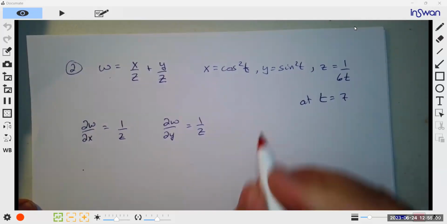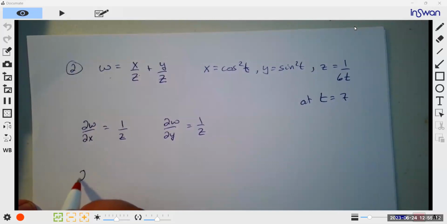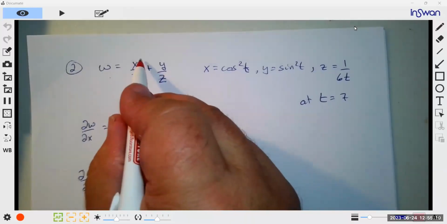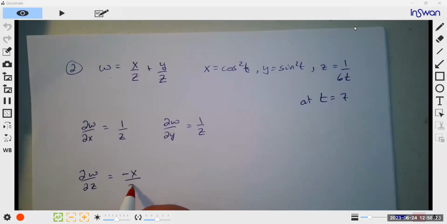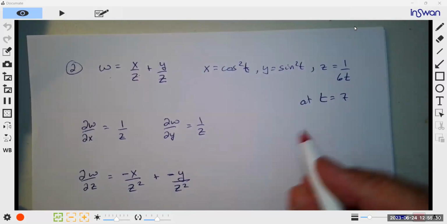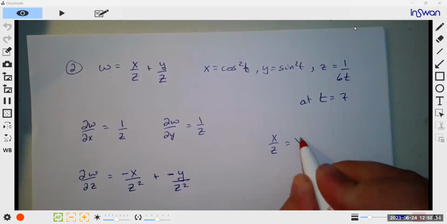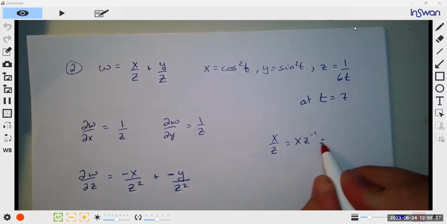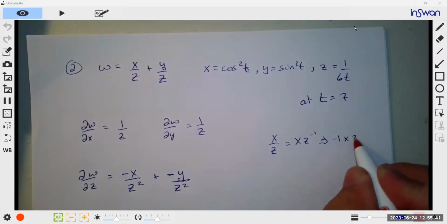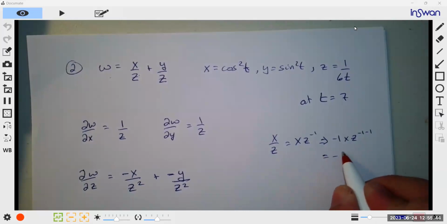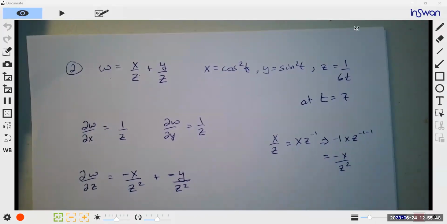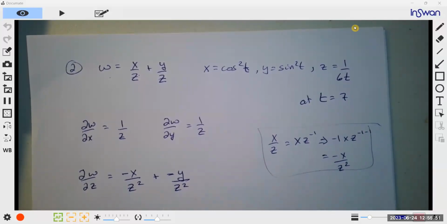And the partial with respect to z: z goes up on the top, and the derivative is negative 1, subtract 1, which gives us negative x over z squared, and negative y over z squared. That's how that works for z.